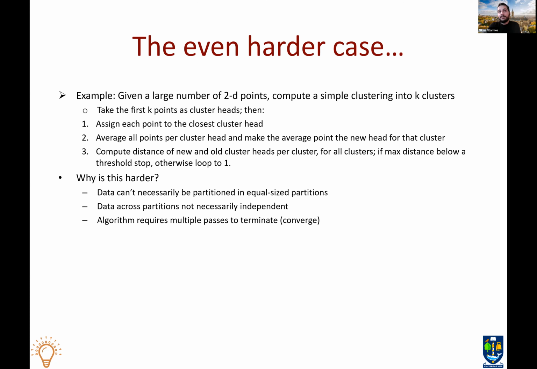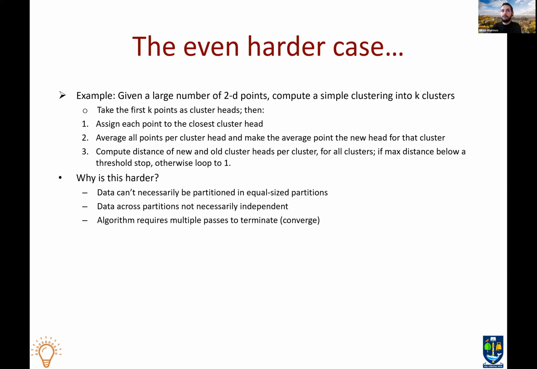The algorithm requires multiple passes to terminate. I need to go through step 1 for all of my points. I need to go through step 2 practically for all of my points again. And then I need to somehow synchronize to compute step 3, and then do it again, right?